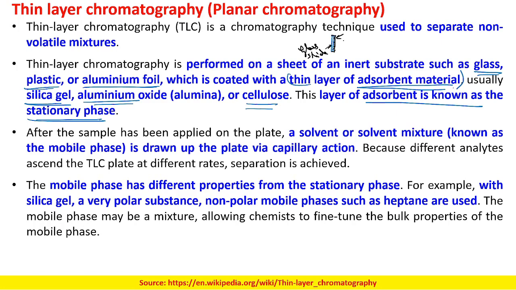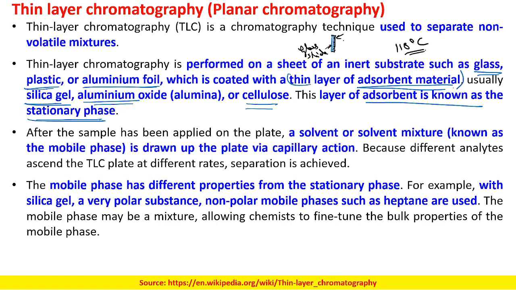Now once you do that, what happens? You get a thin layer of that adsorbent onto the system. Then you take it and dry it within an oven so that the water can evaporate out, and then we need to activate the system. The activation is usually done at 110 degrees centigrade.